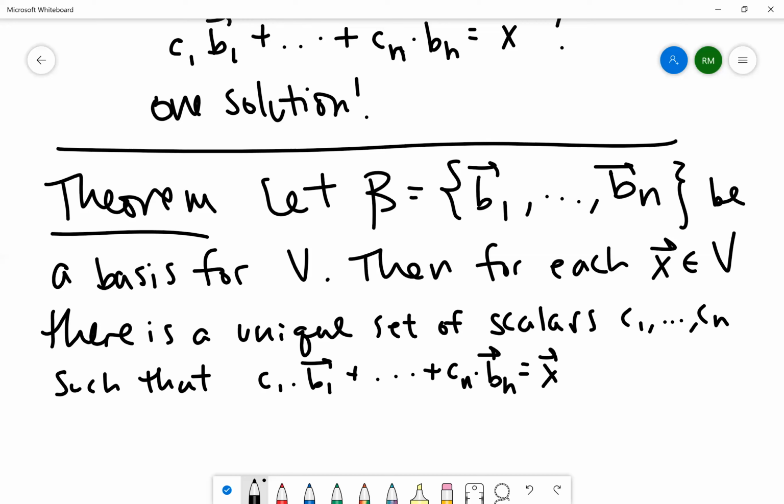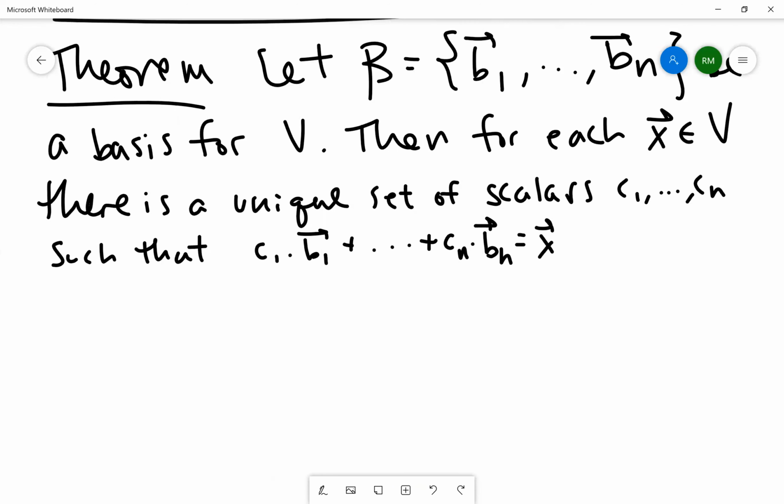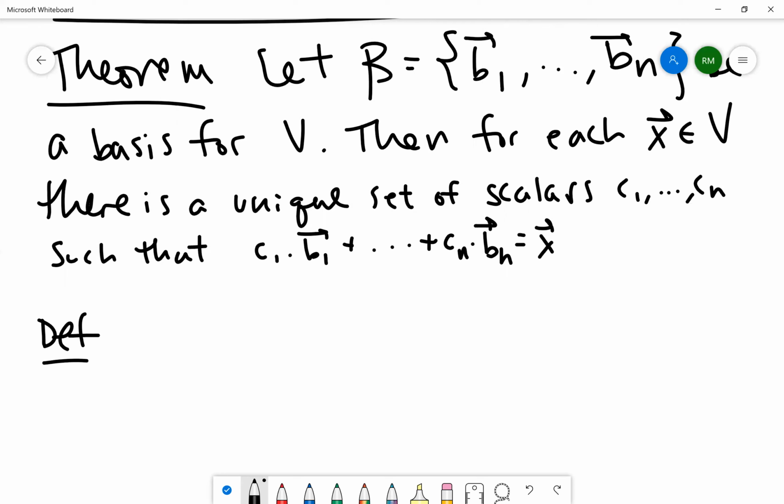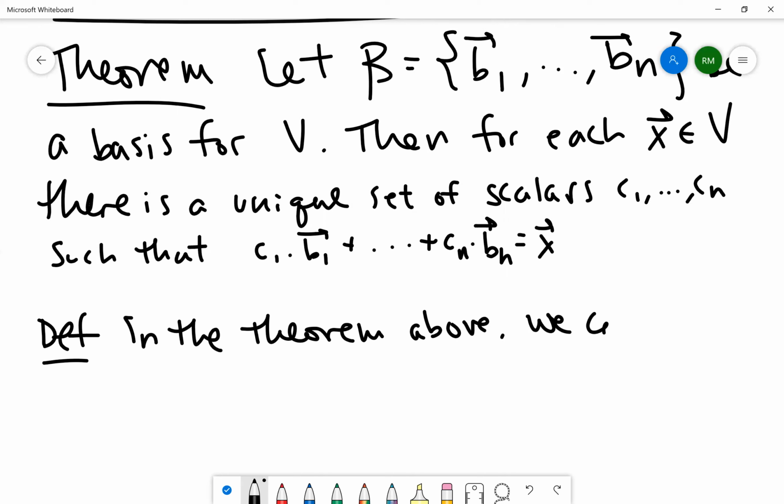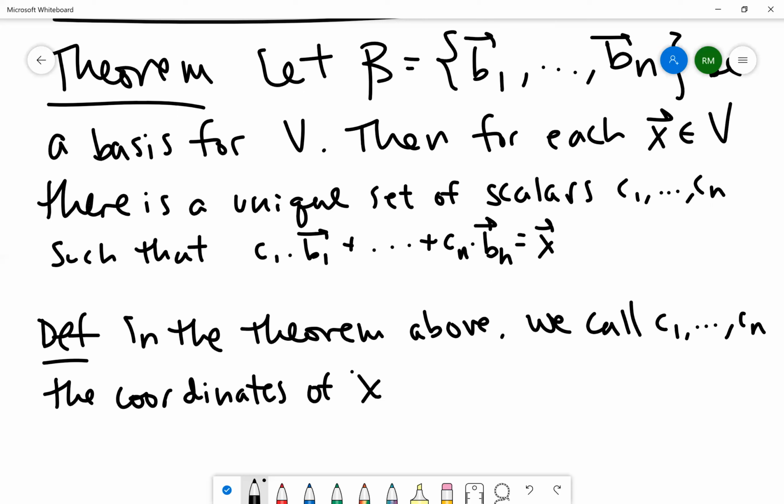And furthermore, we have a special name for these scalars. So in the theorem above, we call these coefficients the coordinates of X relative to beta.